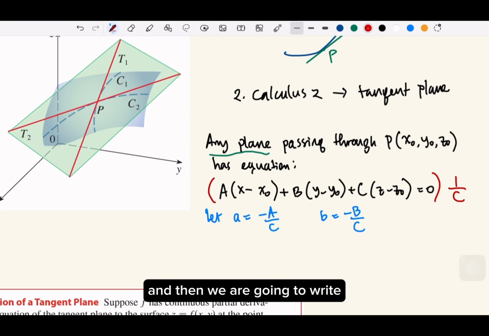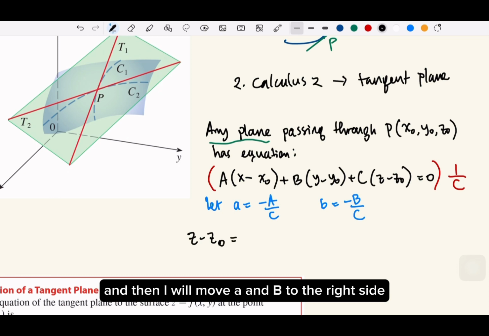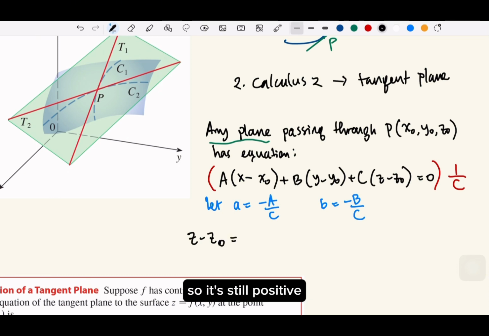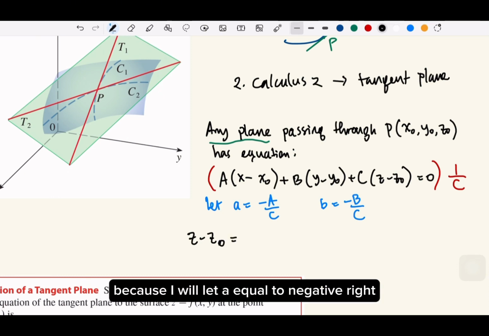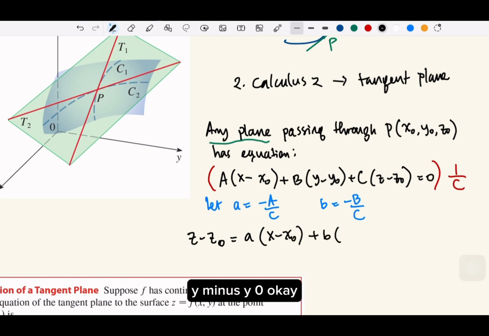And then we are going to write Z minus Z0, and then I will move A and B to the right side, so it's still positive because I will let A equal the negative, right? So this will be equal to A times x minus x0 plus B times y minus y0, okay?